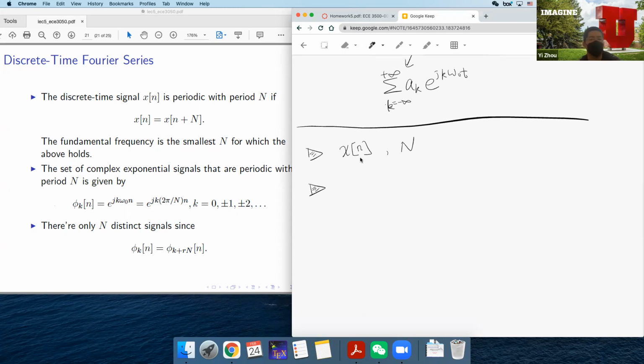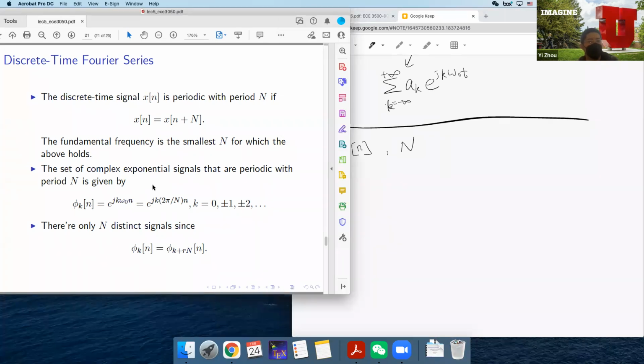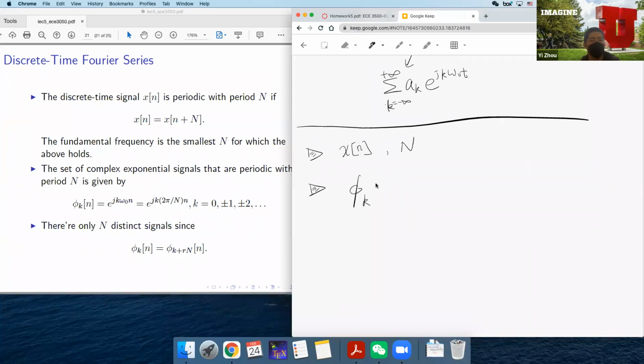Okay, so we are considering a discrete signal with fundamental period capital N, and to develop the corresponding Fourier basis signals, we considered all the discrete complex exponential signals with period capital N, denoted as phi_k[n] = e^(j k omega_0 n).